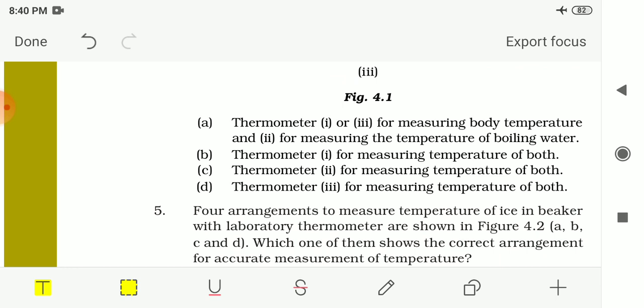So here your answer is option A, thermometer 1 or 3 for measuring body temperature, as it's a clinical thermometer and it is used to measure the body temperature. And second, for measuring the temperature of boiling water, as it is the laboratory thermometer, so it is used to measure the temperature of boiling water or any other object other than the human body. So here your answer is option A.